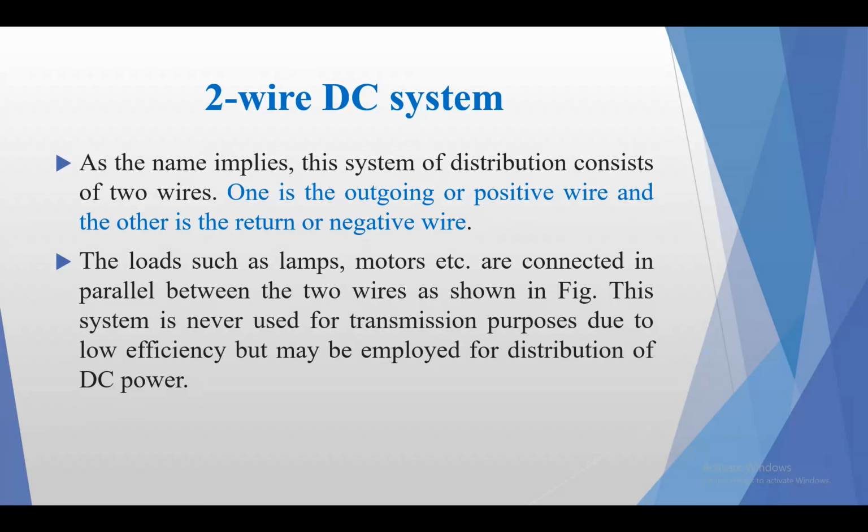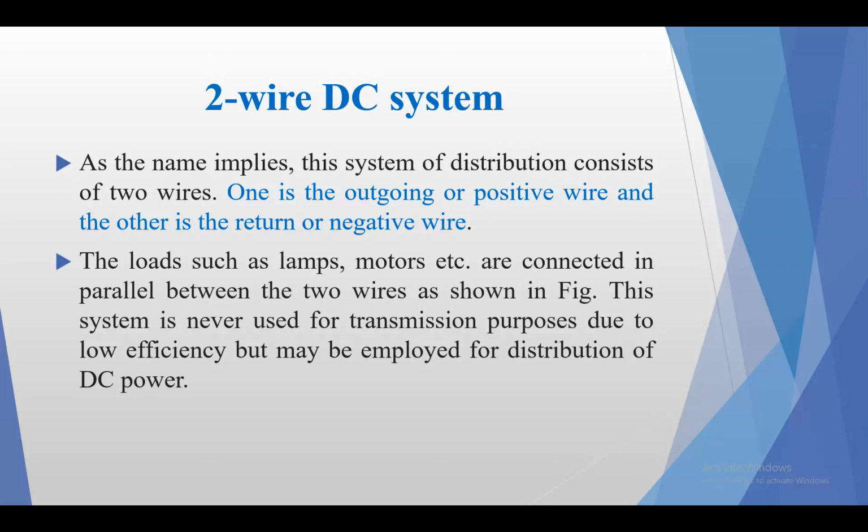Then in the DC distribution system, as in AC where we have primary and secondary distribution systems, similarly in DC we have two types. One is the two-wire DC system and the other is the three-wire DC system. The two-wire DC system, as the name implies, consists of two wires. One is the outgoing or positive wire and the other is the return or negative wire.